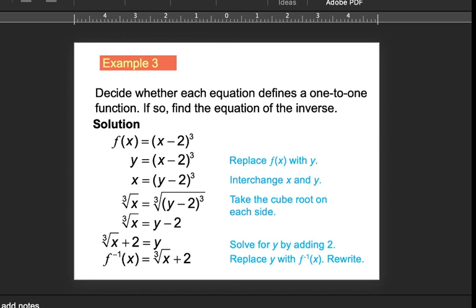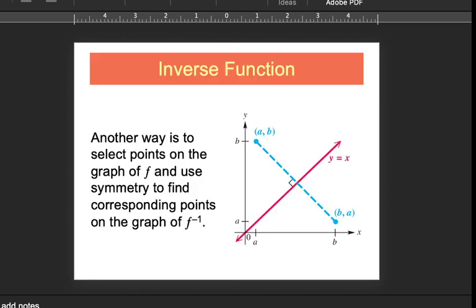So with regards to graphing, if you know that the two functions are inverses, then what's going to appear is this symmetry. This goes back to our conversation related to the transformations.